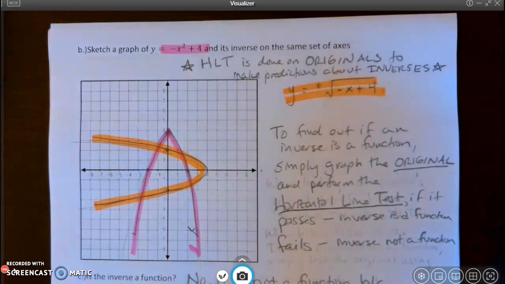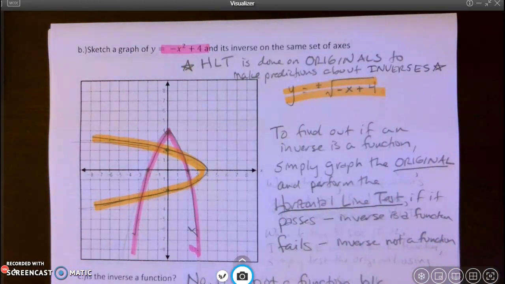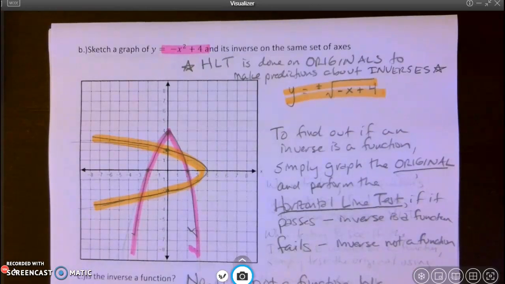It's to tell us about the inverse. If this was on a non-calculator test, you know this is a quadratic. You know what a quadratic looks like, and if you did a horizontal line test on a quadratic, it fails. Therefore, you know its inverse is not a function, and you don't even have to go to all the trouble of graphing the inverse.